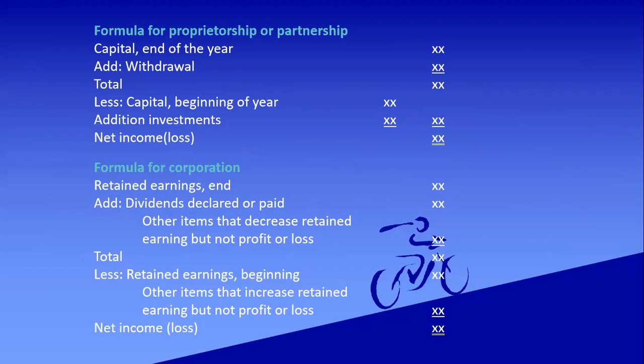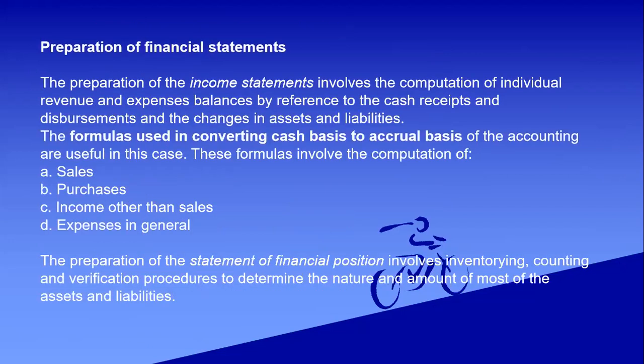At the end, we add dividends declared or paid and other items that decrease retained earnings but not profit or loss. So from the total, we deduct retained earnings beginning and other items that increase retained earnings but not profit or loss. So we have the net income or loss.